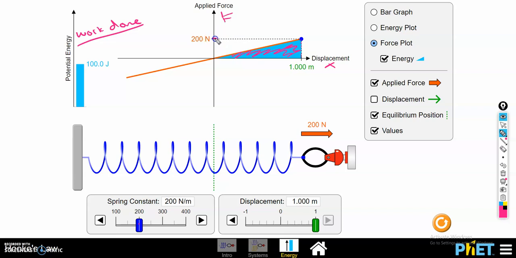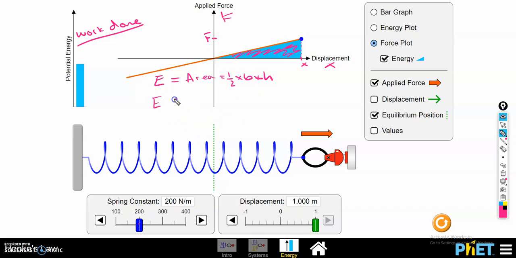So for now we turn off the values and have a little look at what's going on. This is F, my force axis, and this is x, my displacement axis, and this is a triangle which represents the energy. So I know that the energy E of this spring is going to equal the area of the triangle, which is a half times the base times the height.